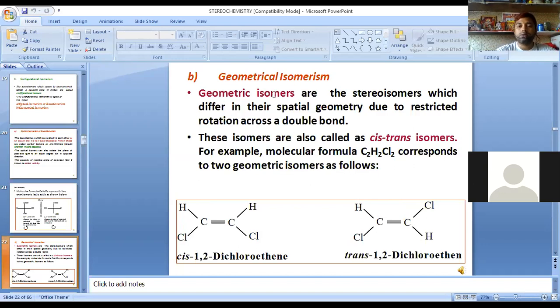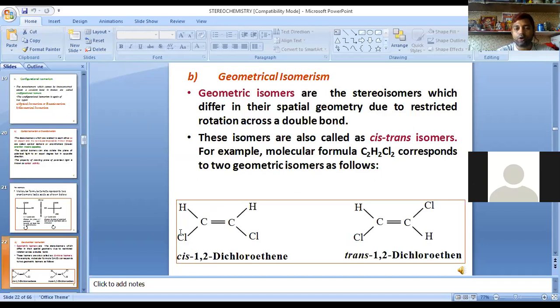Geometric isomers differ in spatial geometry due to restricted rotation across a double bond. Because of this double bond, rotation is restricted. These two cannot rotate.